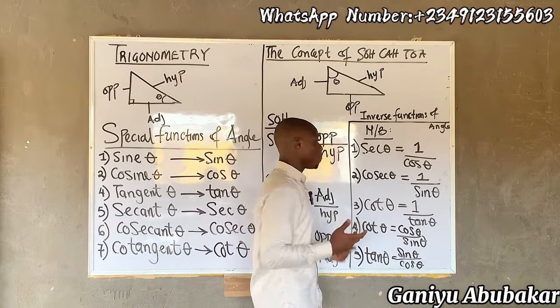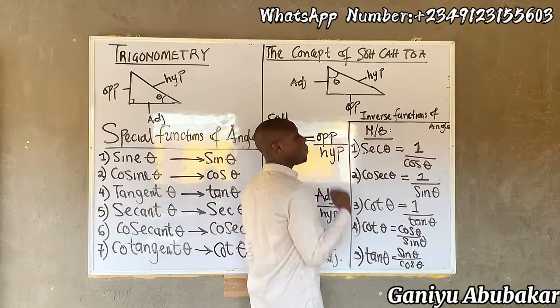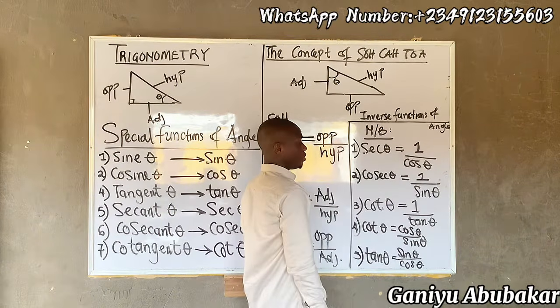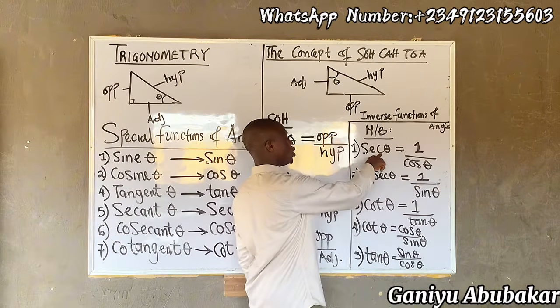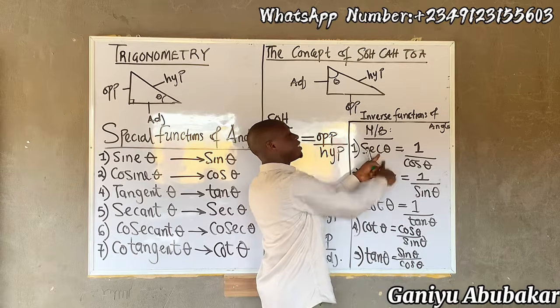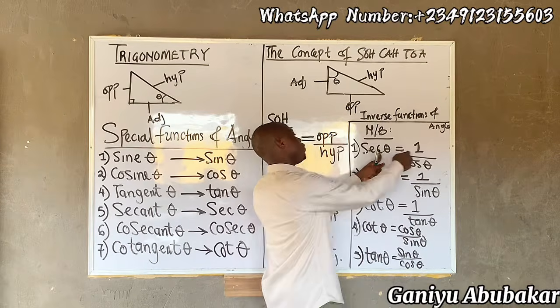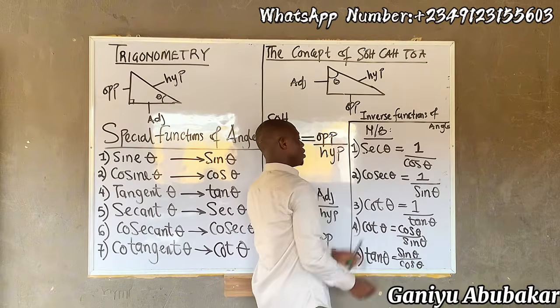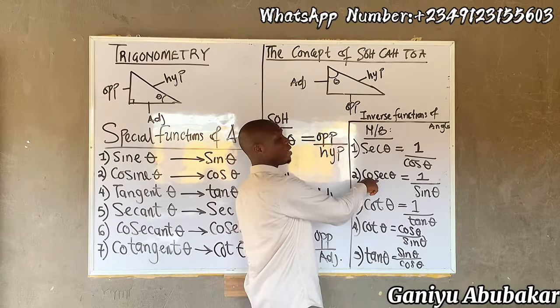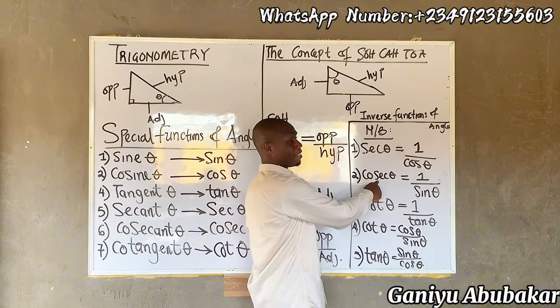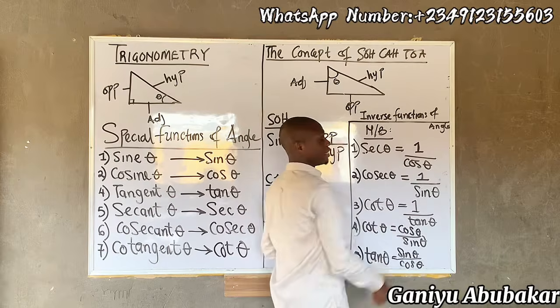So now listen, here's how I know this easily. For sec theta, I'm counting in threes: 1, 2, 3. This is C, and C signifies cos. So for sec theta, I have 1 over cos theta. Count 1, 2, 3 for cosec: it stops at S, and S signifies sine. That becomes 1 over sine theta.